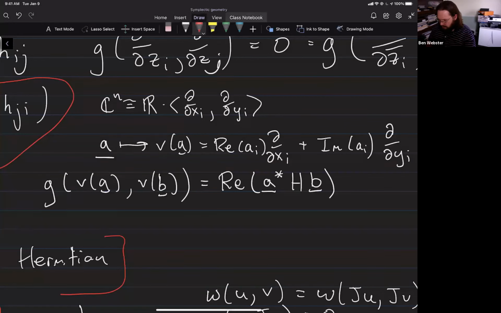Right, yes. And the point is, this thing is an inner product on the real vector space C^n if and only if H is positive definite Hermitian. So yeah, that's the linear algebra factor.